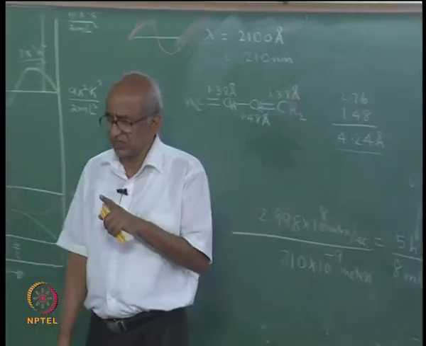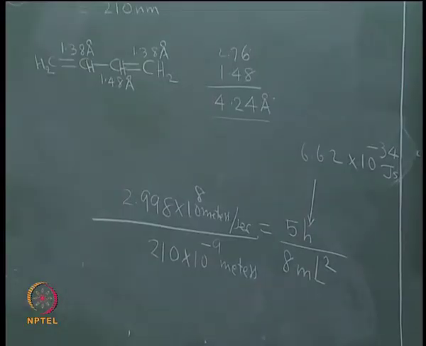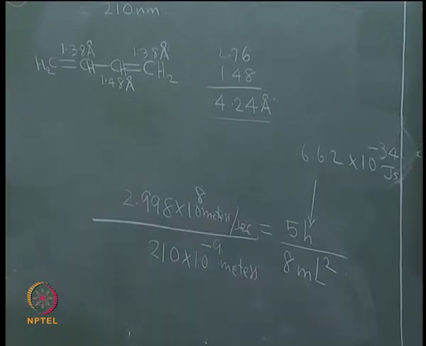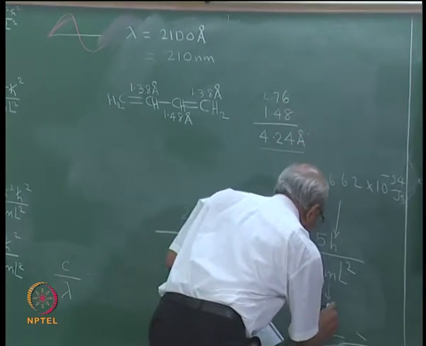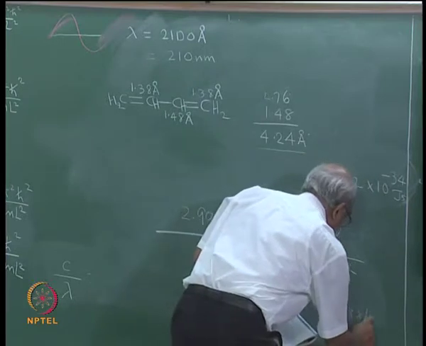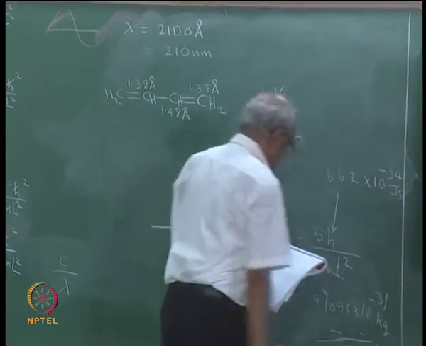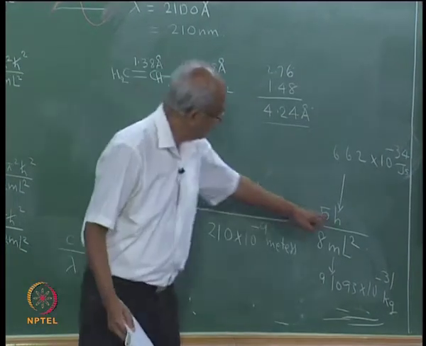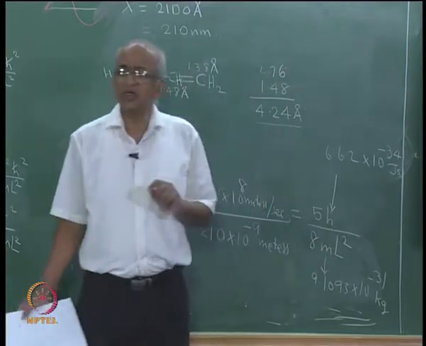Remember, the mass is that appropriate for the electron, because the particle is actually the electron in this case. So, the value is 9.1093 into 10 to the power of minus 31 kilograms. H is known, m is known, everything else is known. So, therefore, you can determine the value of L.